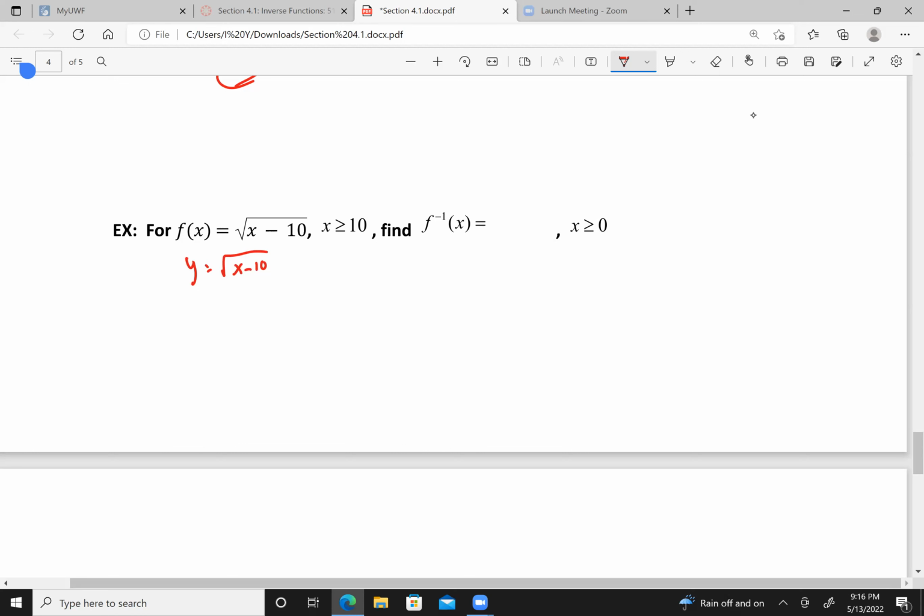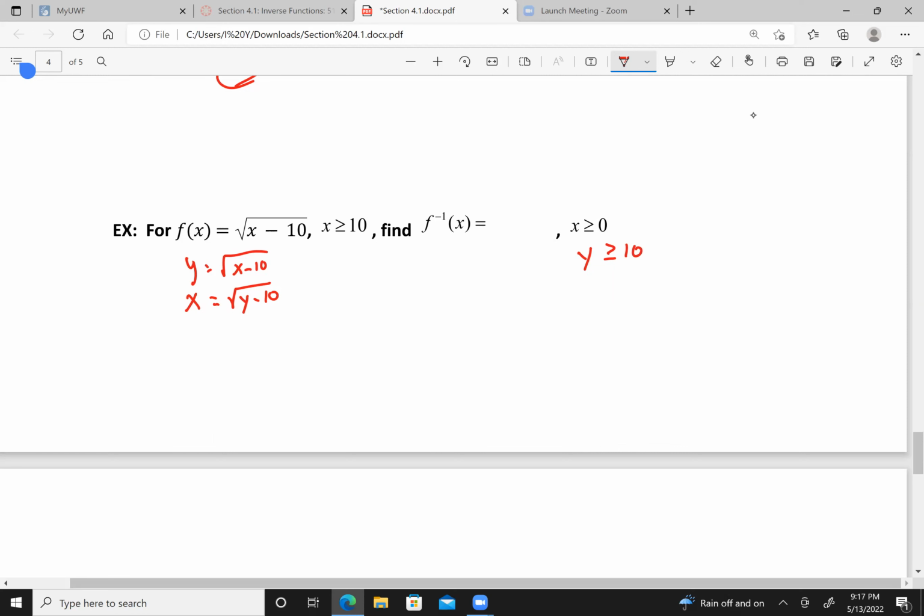So we're talking positive only. So we're going to limit our x's to being greater than or equal to 0 once we change this to this. And our y must be greater than or equal to 10.